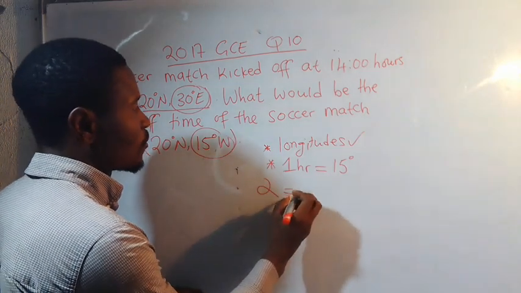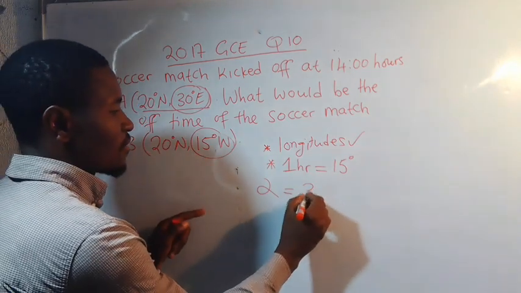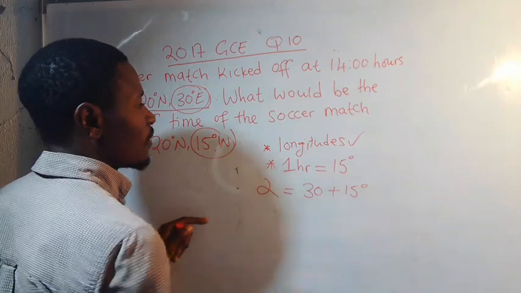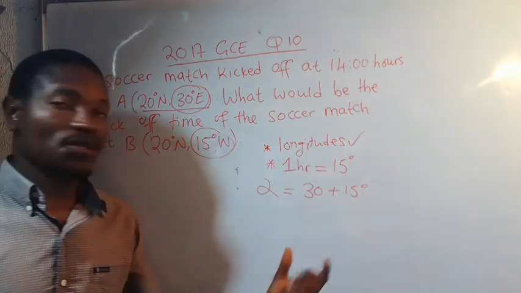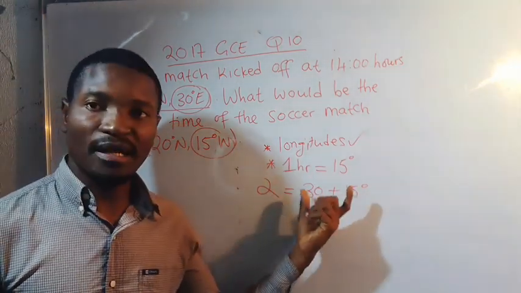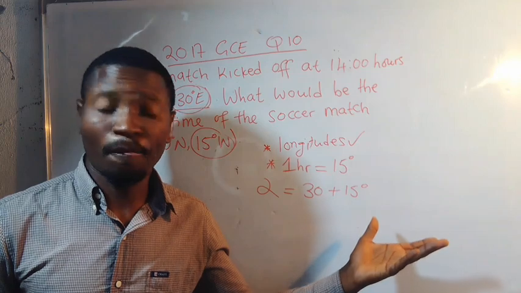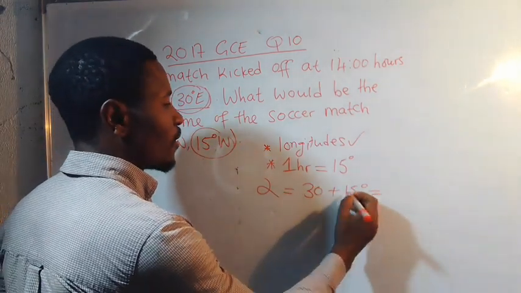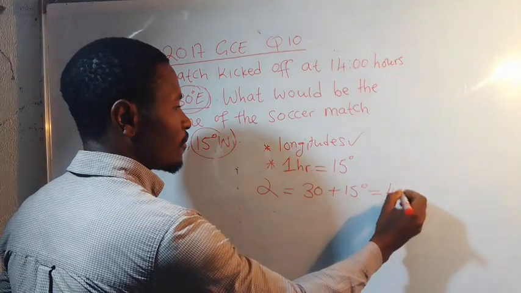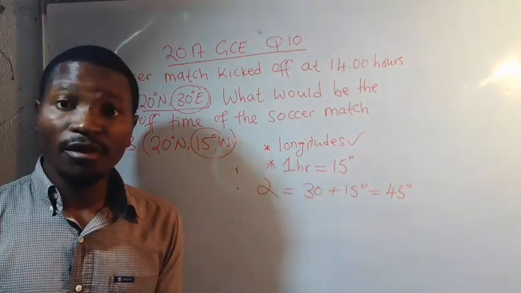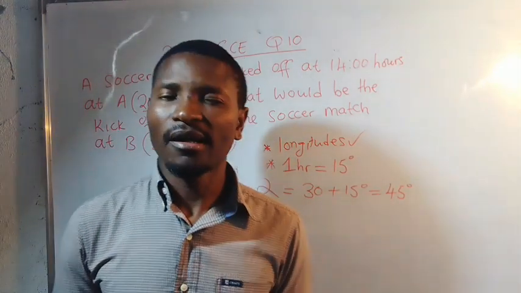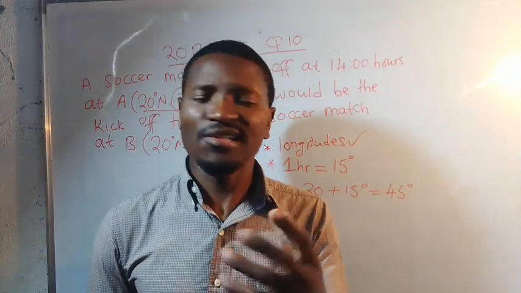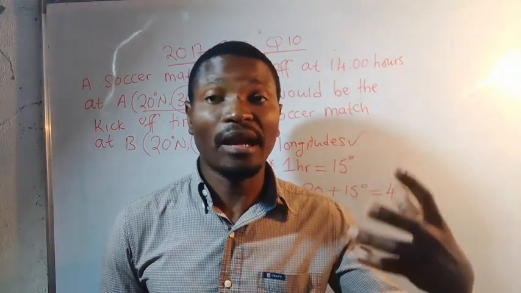So this is 30 plus 15, and this is going to give you 45 degrees. Now remember, east or west doesn't mathematically imply the units.